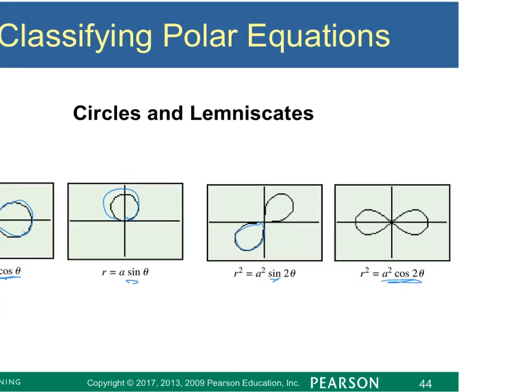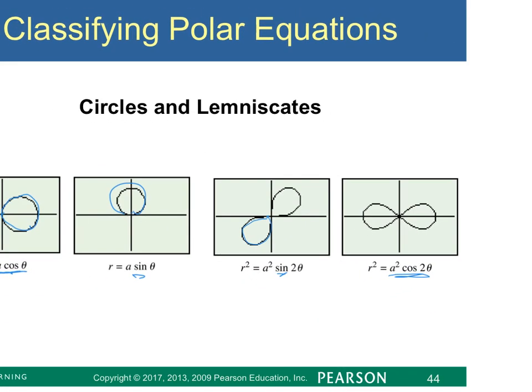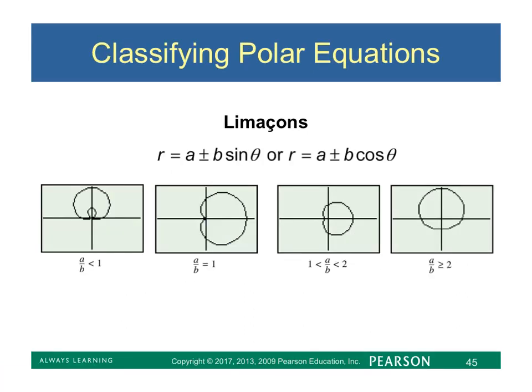Those were the word that I can't pronounce. Lemniscates. These are limacons, or limasones, or limaquones. I don't know, there's a lot of pronunciations. There's probably a correct one. And that's the one that has the circle inside a circle.